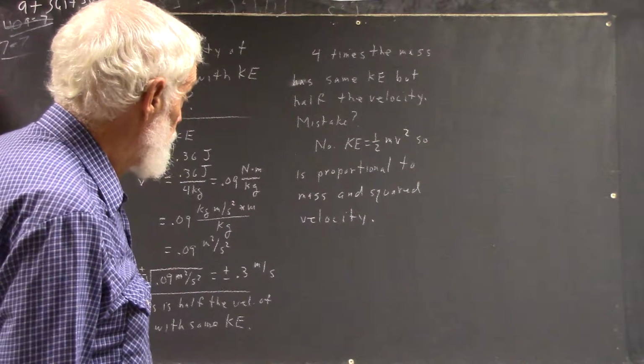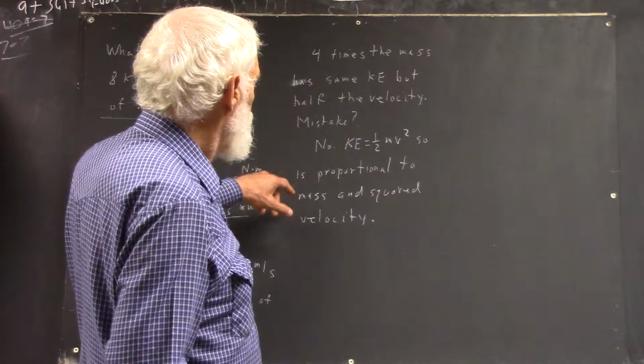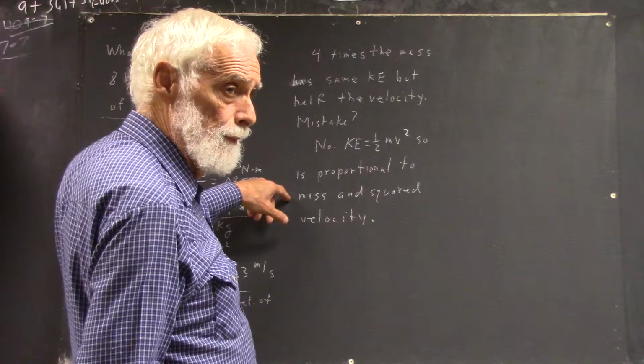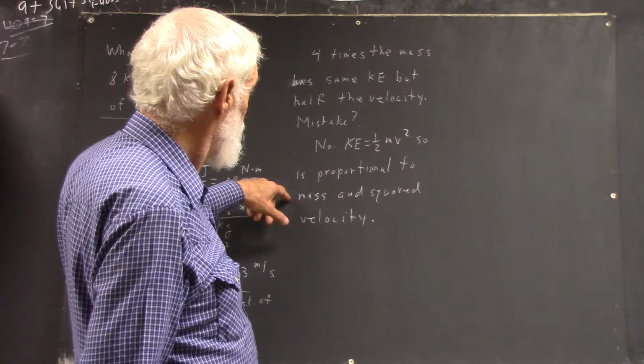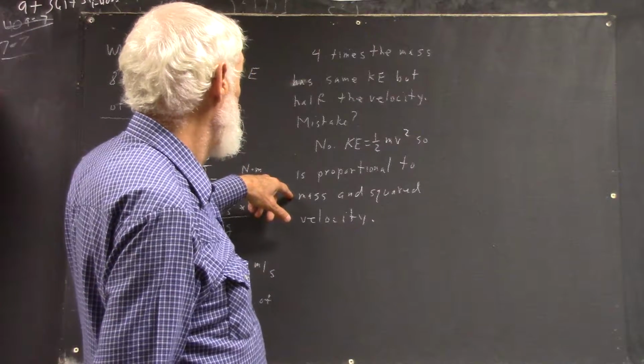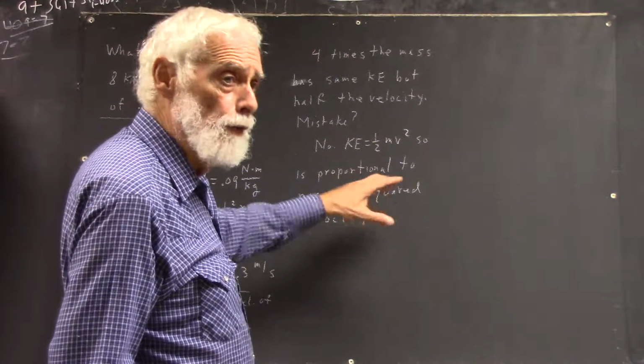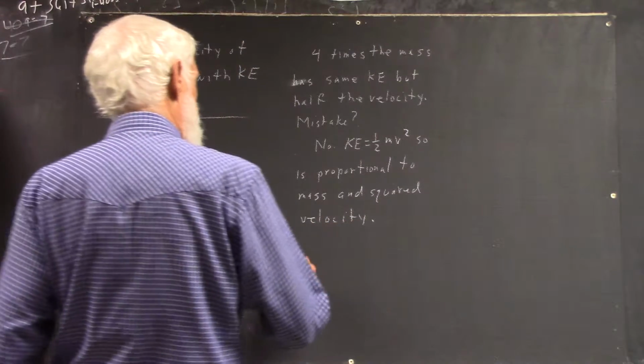Okay? So, if you have 4 times the mass and half the velocity, then you have a fourth of the squared velocity. Okay?